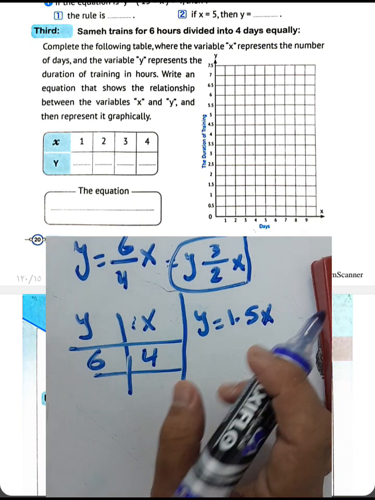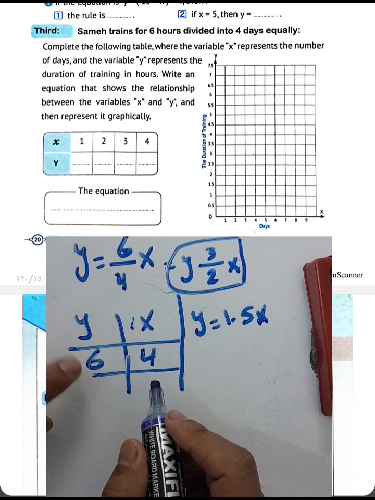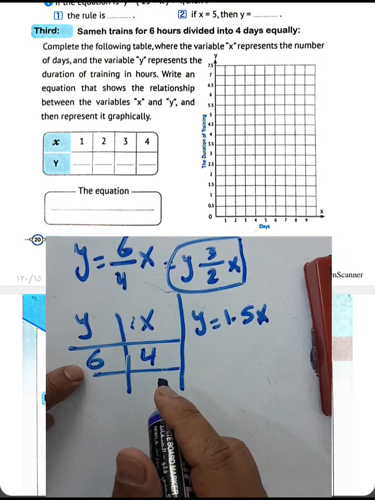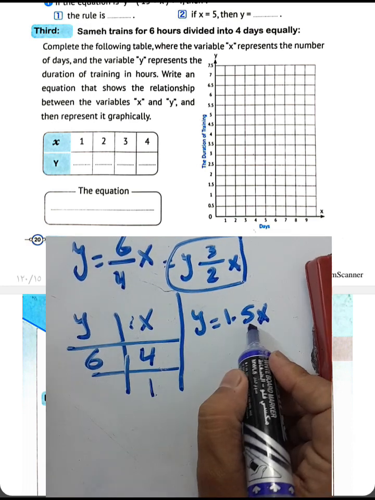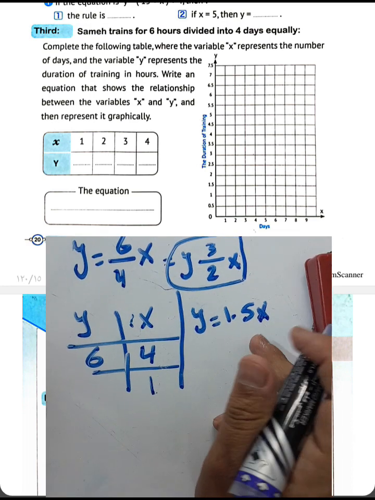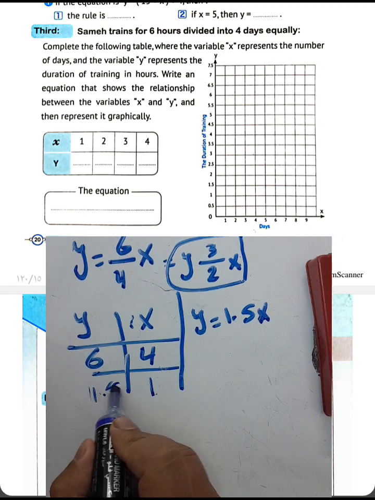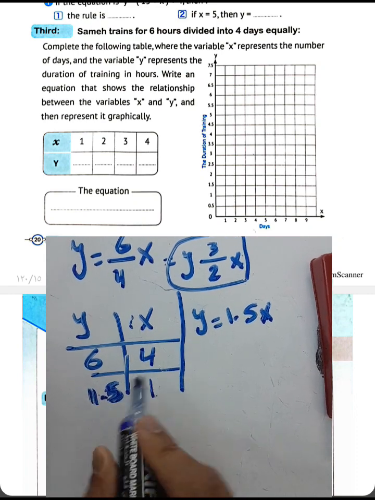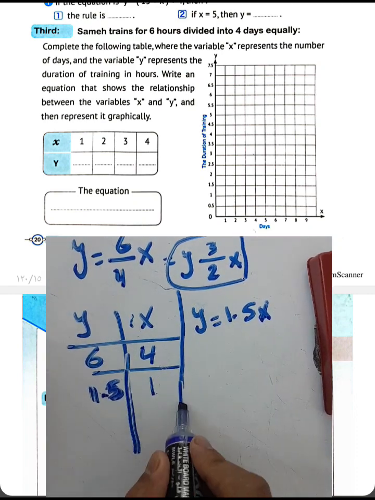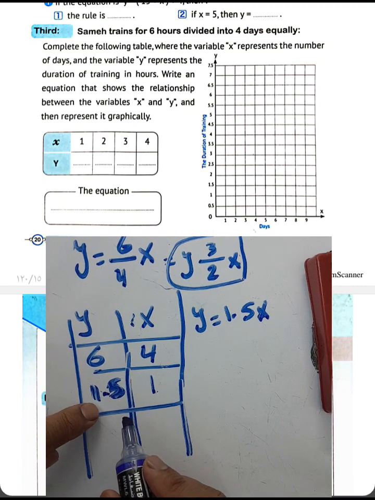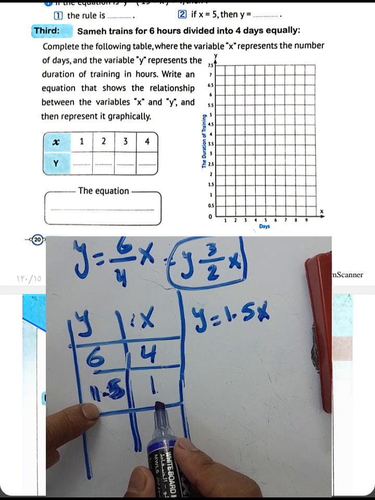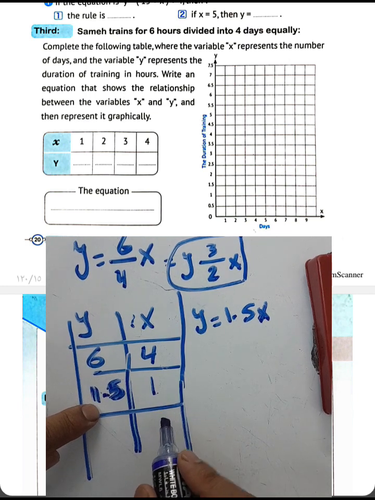If y equals 6, then x equals 4, and if x equals 1, put x equals 1 here, then 1 times 1.5 will be 1.5.